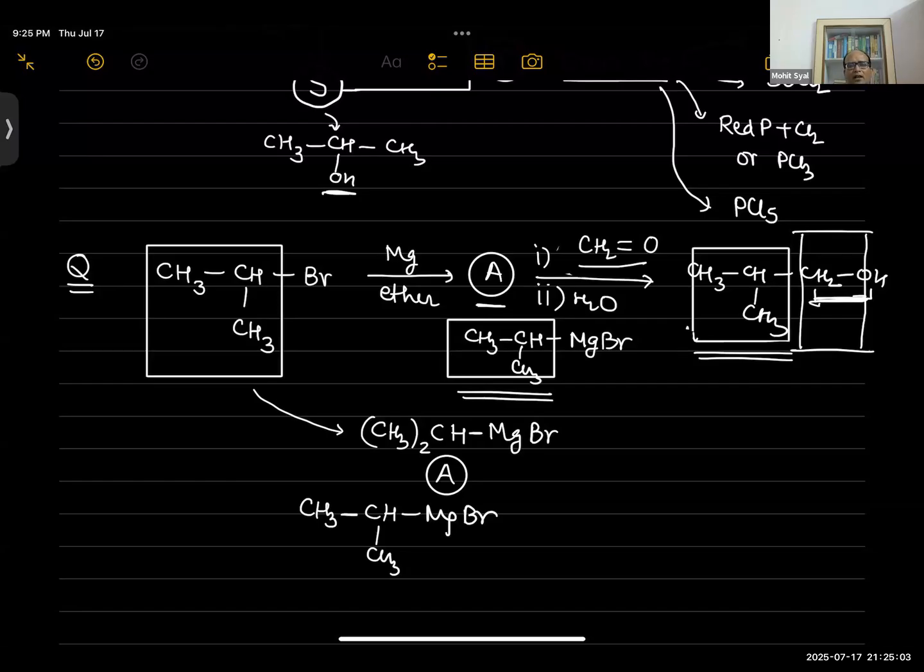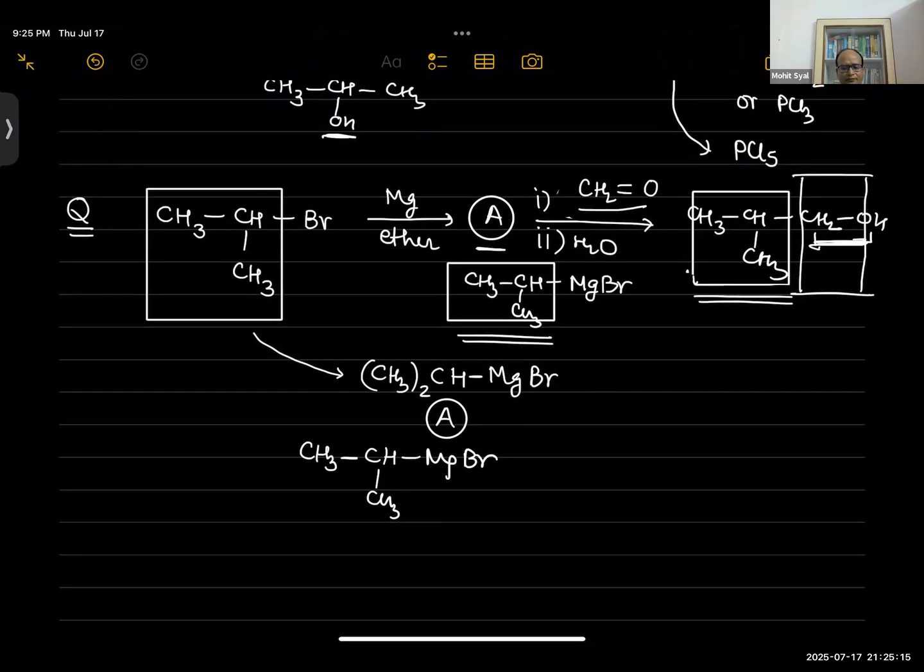So that's how we try to figure out the missing reactant. Always try to compare the reactant which is given to you and the product. By comparing, you can easily figure out the missing reactant.